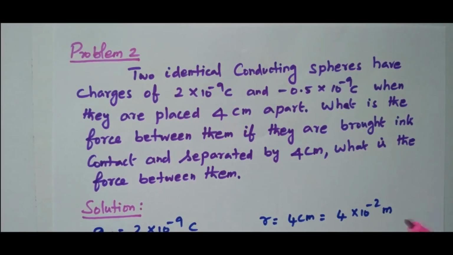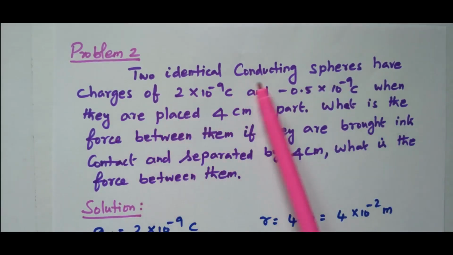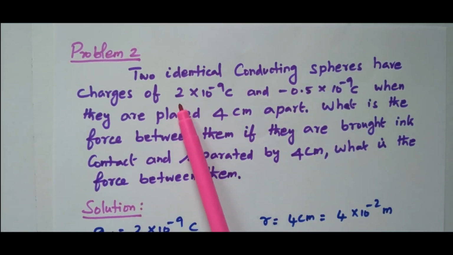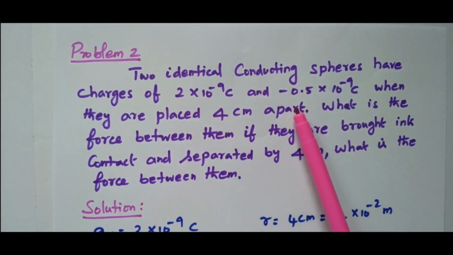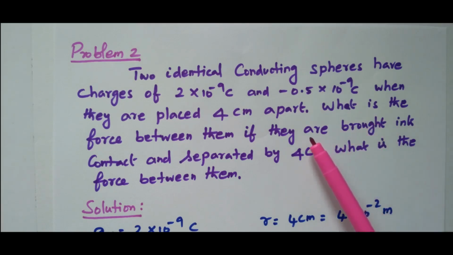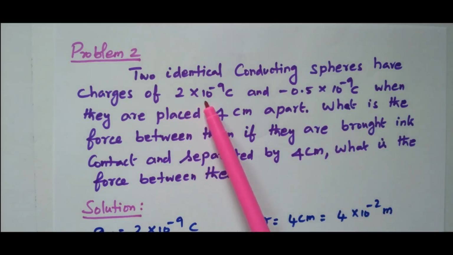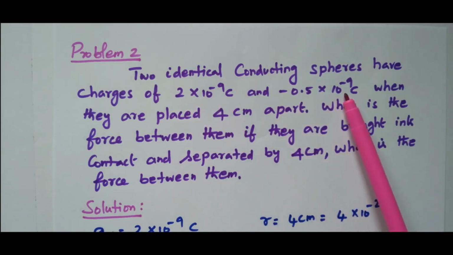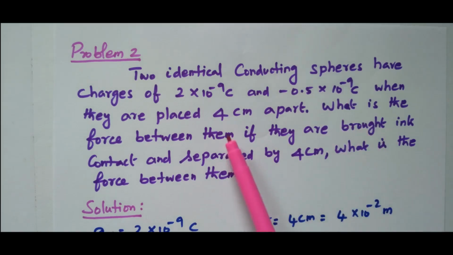In the second problem, two identical spherical conducting charges are available, having charges of 2 into 10 to the power minus 9 coulomb and minus 0.5 into 10 to the power minus 9 coulomb. They are placed at a distance of 4 centimeter.